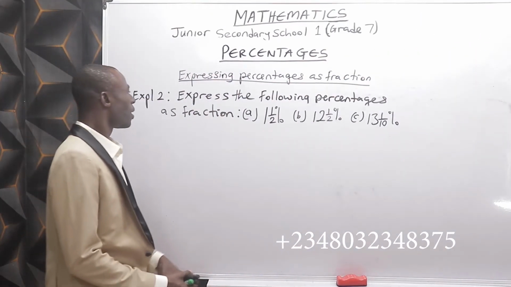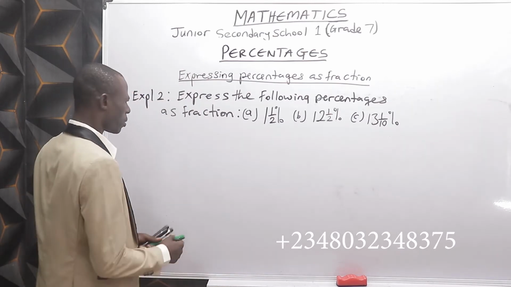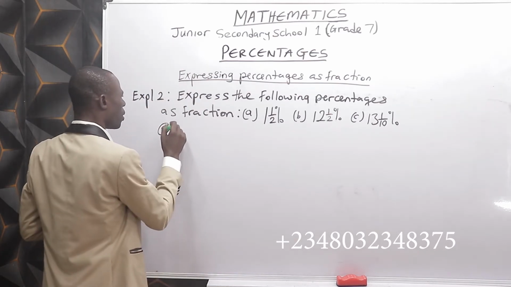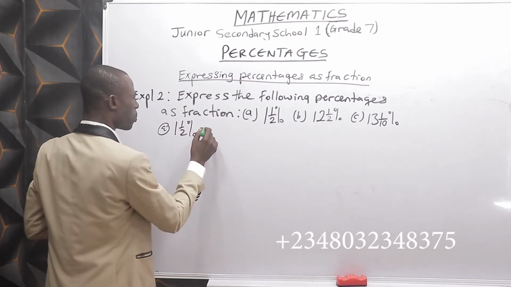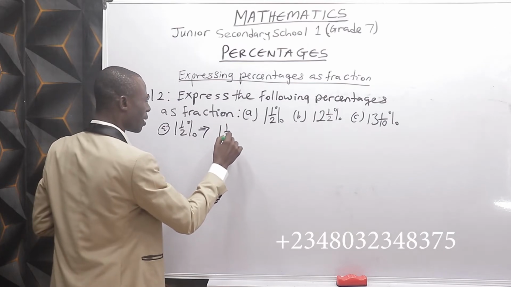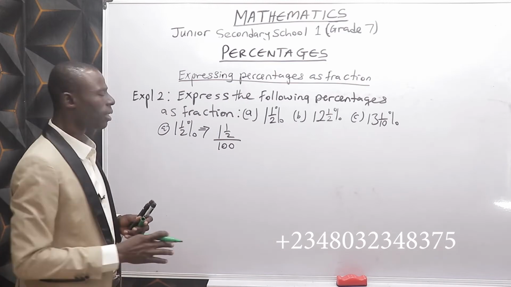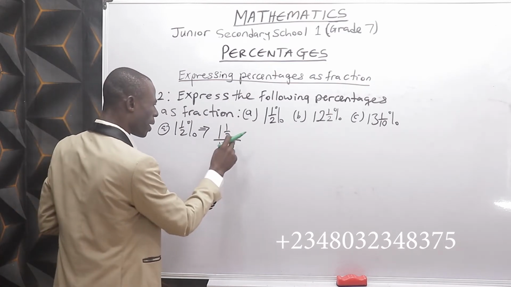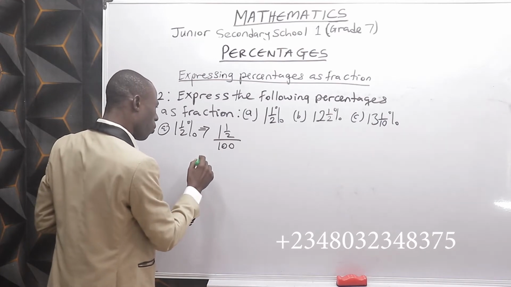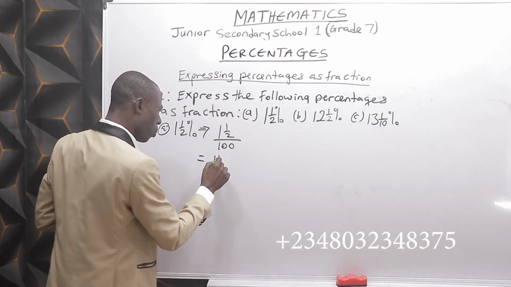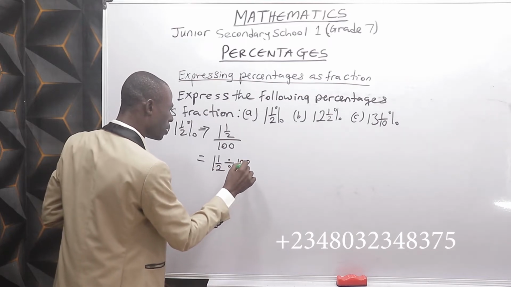Example 2. Express the following percentages as fractions. Here, 1.5% will be expressed as 1.5 divided by 100. That's the meaning. Now, address the numerator first, or change the whole thing to 1 whole number 1 over 2 divided by 100 over 1.